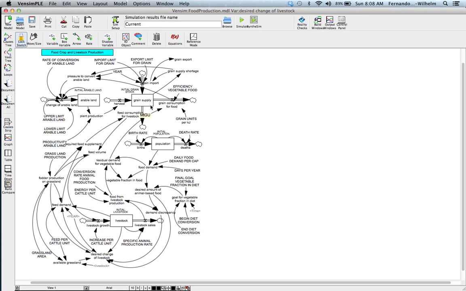Now, of course, in order to grow livestock for human consumption, grain vegetables must be used. So there is an interesting trade-off, because the vegetable part of the diet is actually used both to supply the population directly and also to feed the livestock that will then supply the population.